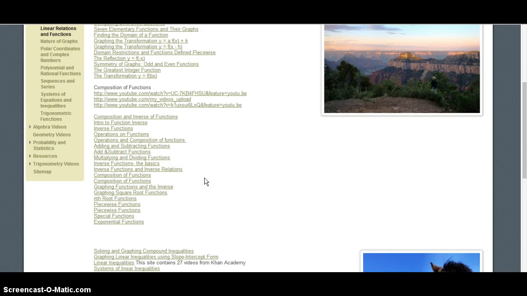So they have to know what they're looking for. But once they do, it's great because they can go on here, look it up, and it's going to take them to a pretty good resource that's going to walk them through some problems and concepts.